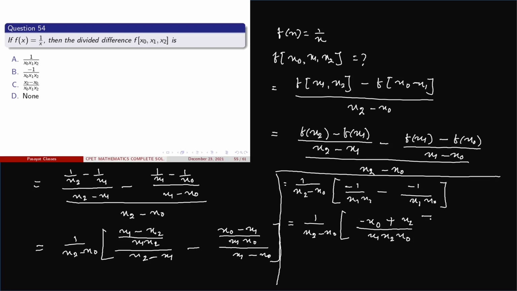So this is x2 minus x0. The x2 minus x0 quantities cancel out, and the final answer is 1 by x0, x1, x2. So option A is correct. Clear? This is the formula to evaluate this quantity, and the final answer is option A.